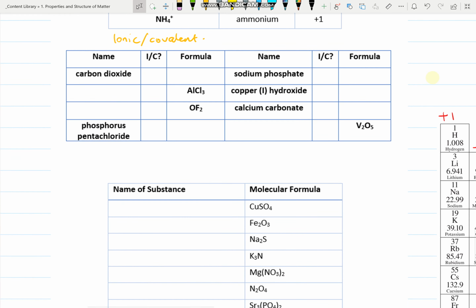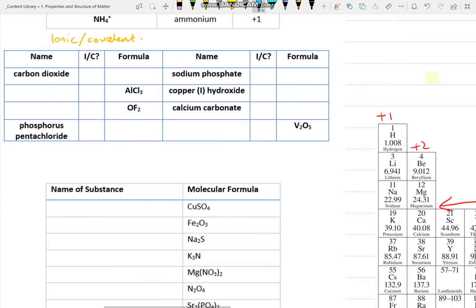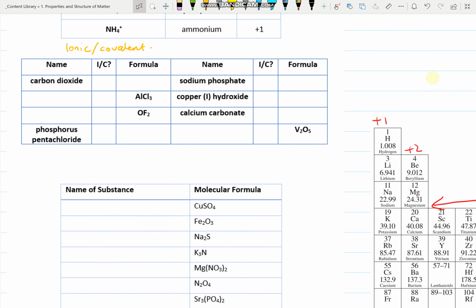First thing that you ever need to do is realize if something's ionic or covalent, which in the last video you should have realized that all you have to do is recognize if it's metal or non-metal. So we've got carbon and oxygen as our 2 elements in this first one.